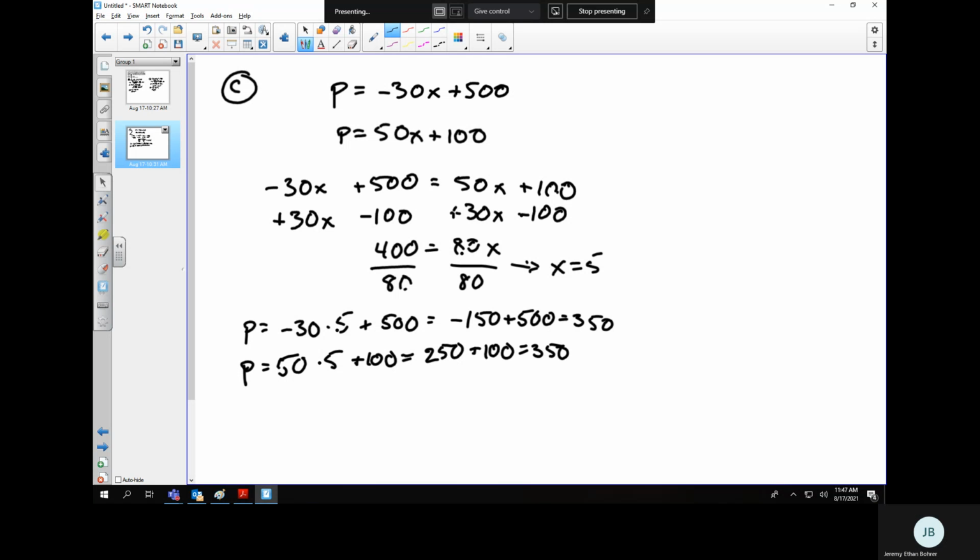So our break-even point, the place where our supply and demand meet, is the point (5, 350).